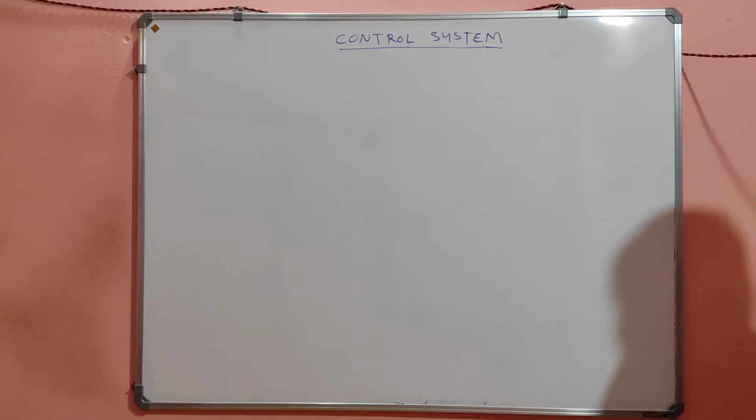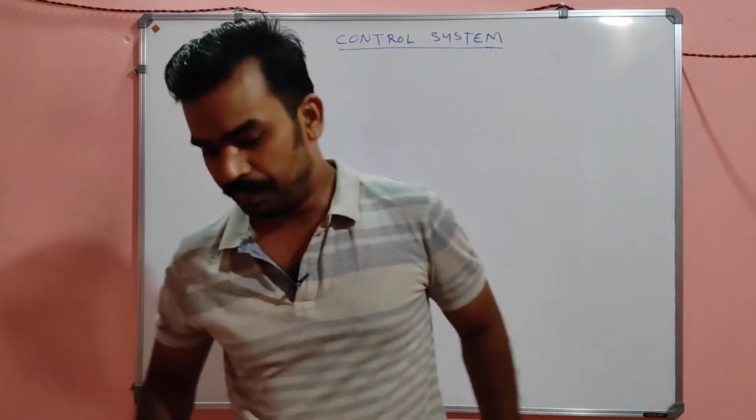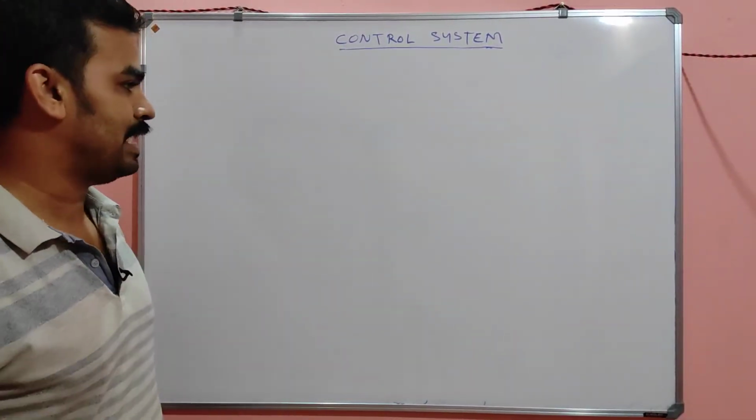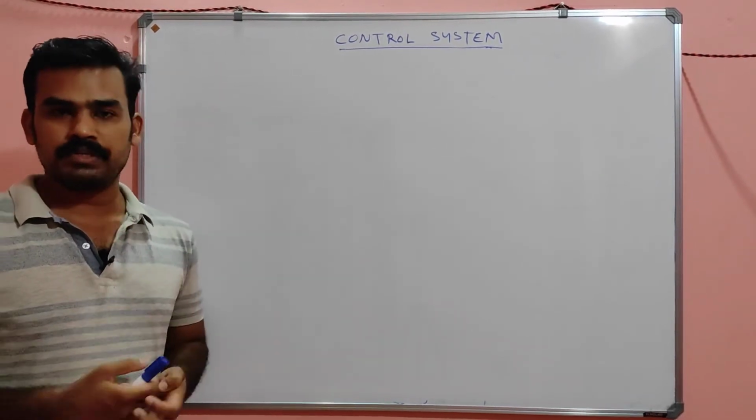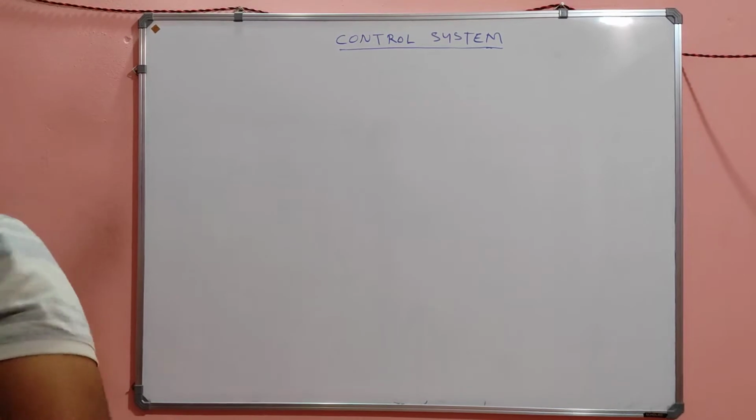So in the last class we discussed some important problems regarding the Mason's gain formula. So let's continue with some more problems and later on we will go to the next topic.